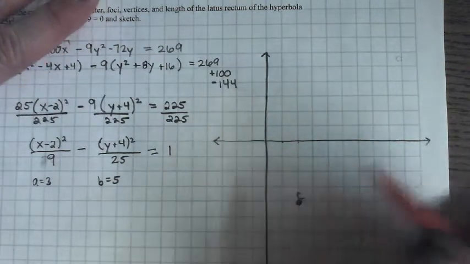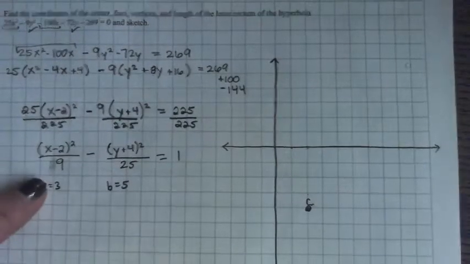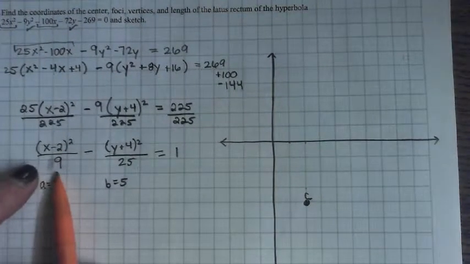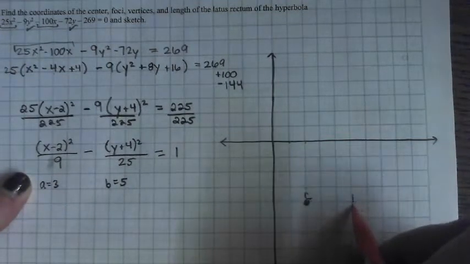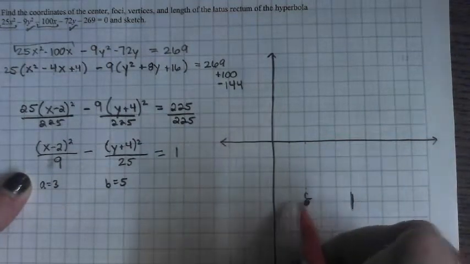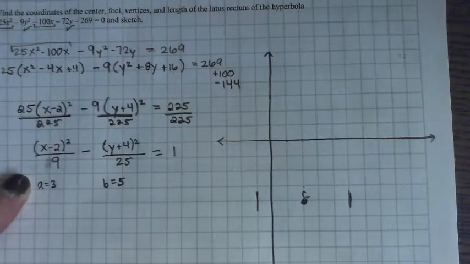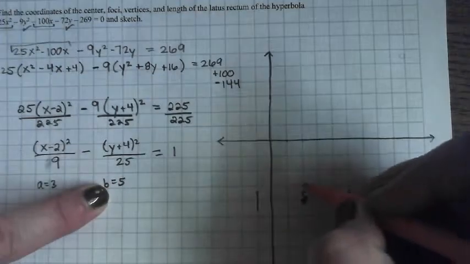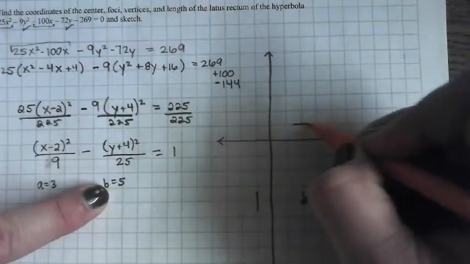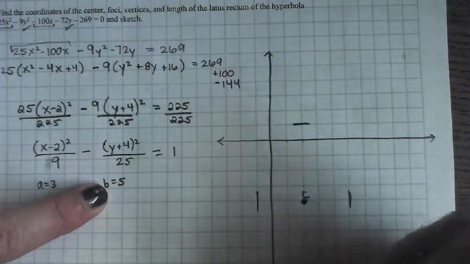And that's the center of my guiding rectangle that we talked about yesterday. So in the X direction, left, right, I'm pulling 3. So 1, 2, 3 to the right gives me that side of the rectangle. 1, 2, 3 to the left gives me that side of the rectangle. B is pulling in the Y direction, so 5 up, 1, 2, 3, 4, 5 gives me that one. And 1, 2, 3, 4, 5 gives me that one.